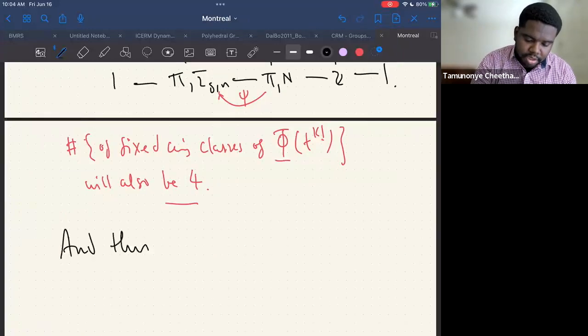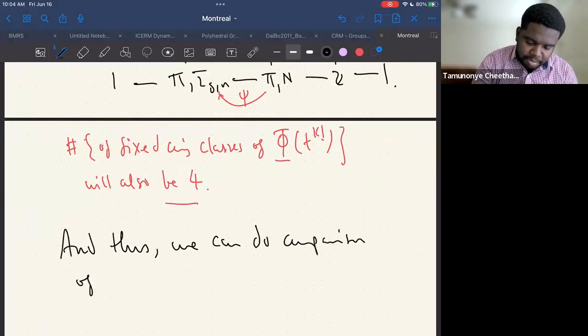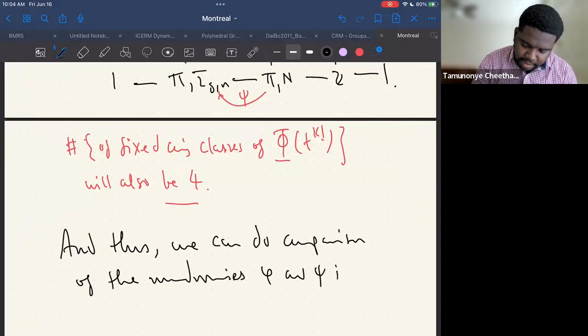And thus we can do comparison of the monodromies, say psi and phi in the mapping class group.